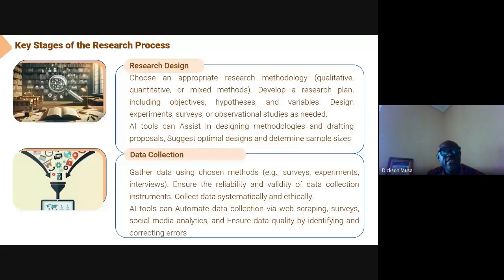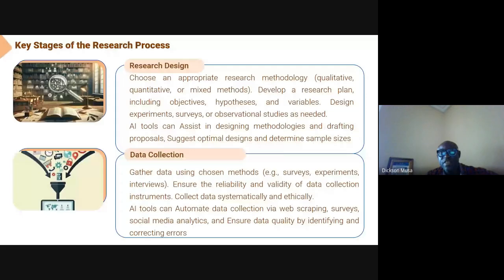The next key stage in the research process is data collection. After you have your research design, then you go for data collection. This is where you gather data using any chosen method. Could be survey, could be experiment, could be interview, could be various other means. And here you must ensure the reliability and validity of the data you collect.